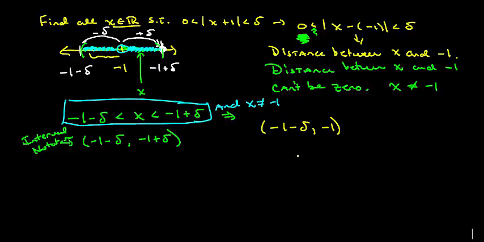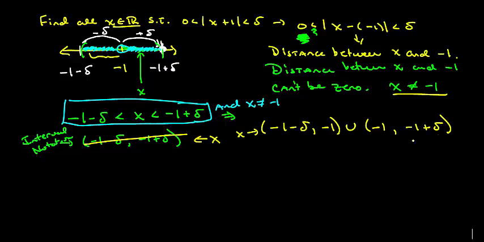So remember, these intervals talk about what x is. So x is inside this interval. Now clearly this is not the right interval because of this issue over here. So we have to union this with -1 to -1 plus delta.